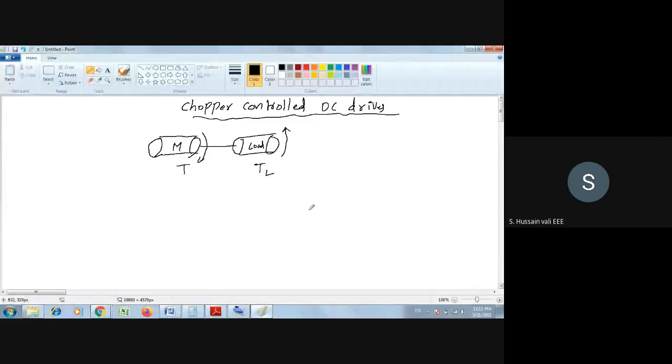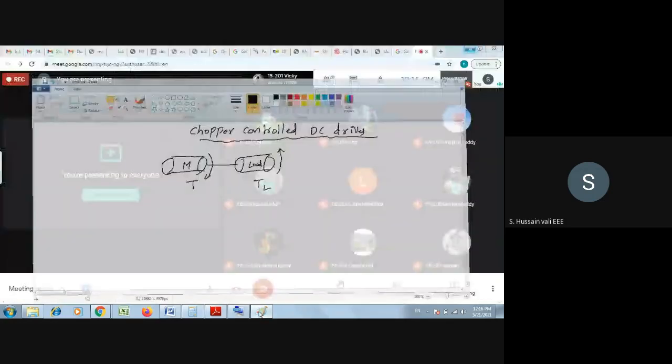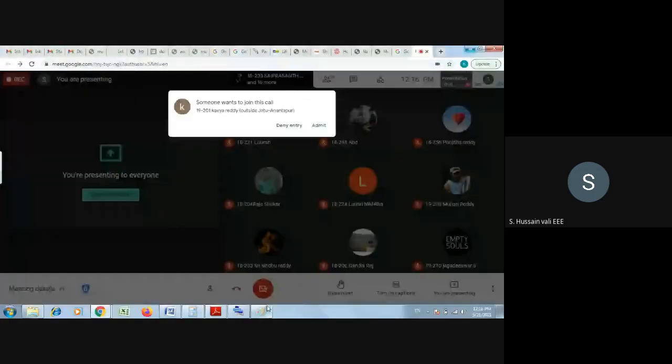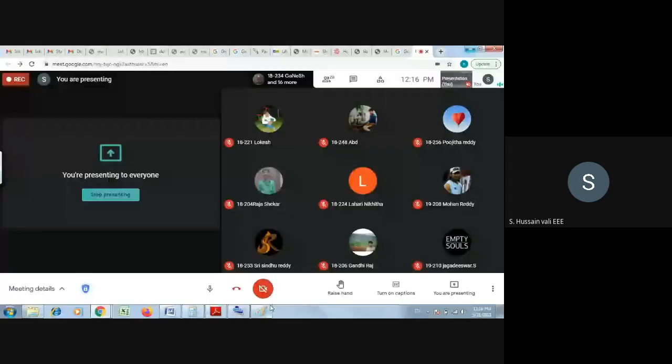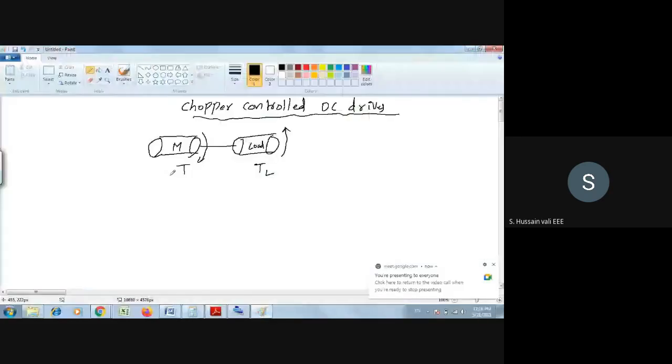When you give the supply, the motor starts accelerating. Then this acceleration slowly becomes zero, in the sense its speed remains constant. At that time you observe a balance equation between the motor torque and the load torque. That equation I will write here right now.